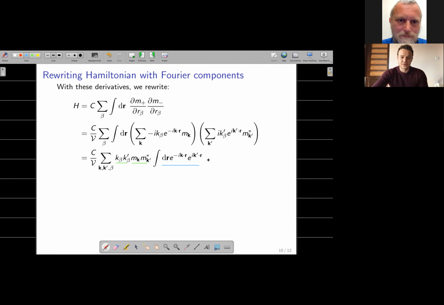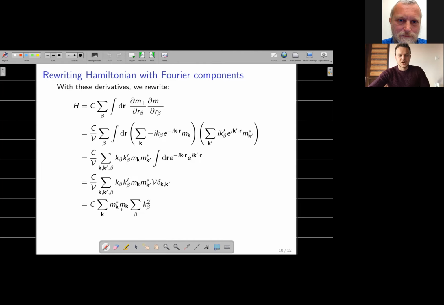I hope that everyone knows that this integral is equal to the volume times the Dirac delta function of k k prime, that's one of its definitions, of course. And then once we have this delta function, we can sum over one of the sums. So k would be equal to k prime, and we find the following.